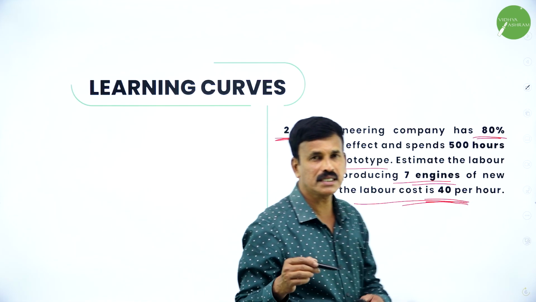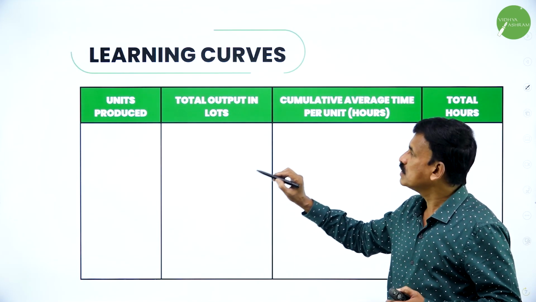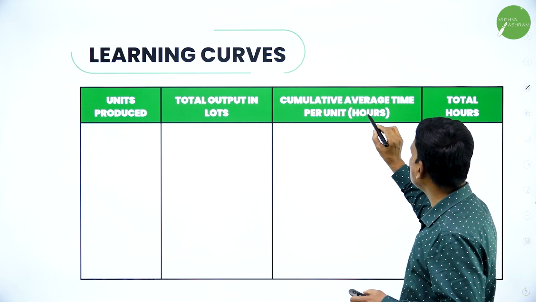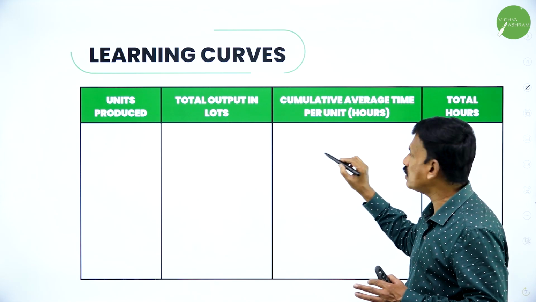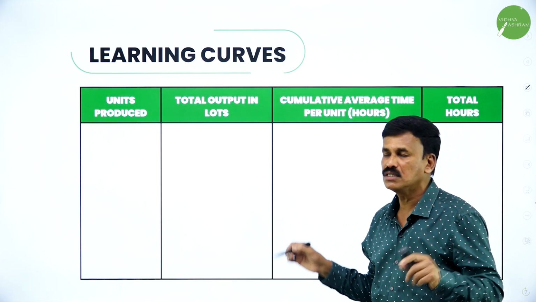So just prepare the table as that of the previous problem. What is given? Unit produced, then total output in lots, then cumulative average time per unit or hours, and the total hours. Just calculate the total hours, that's all. Right.